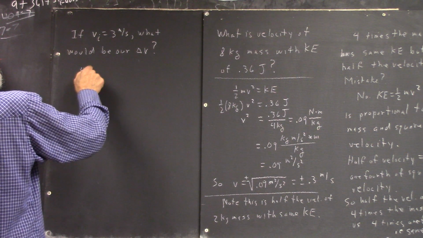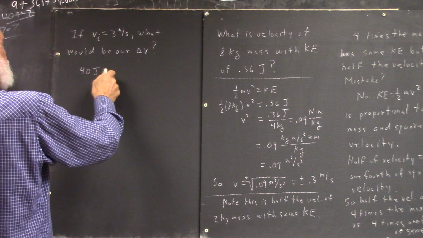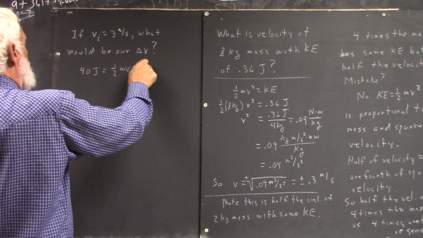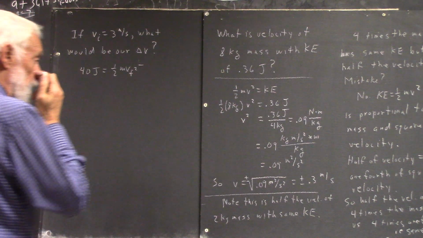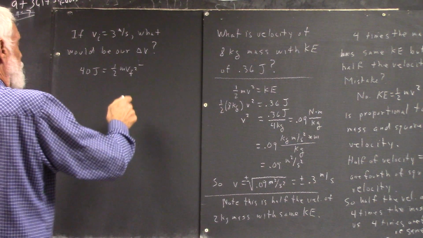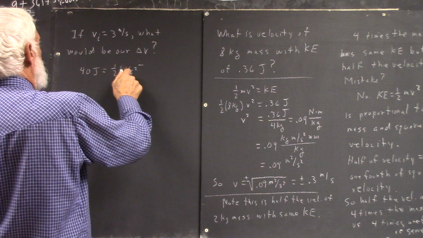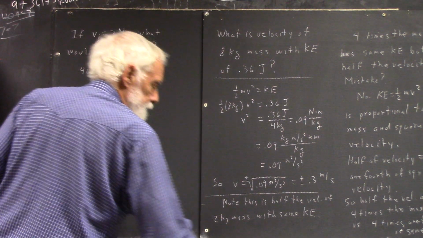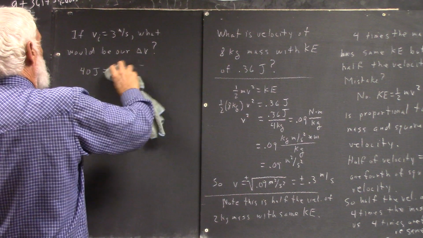We have 40 joules equals one-half m vf squared minus, well, 1/2 of, I have room to write it.